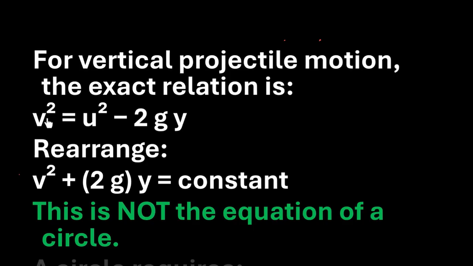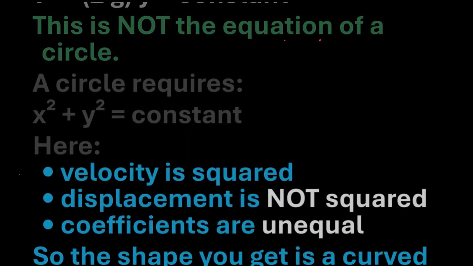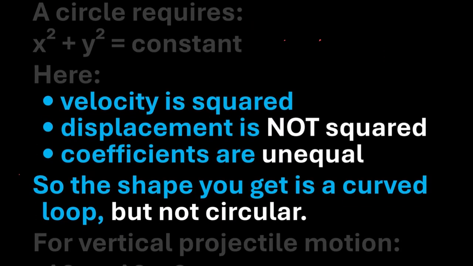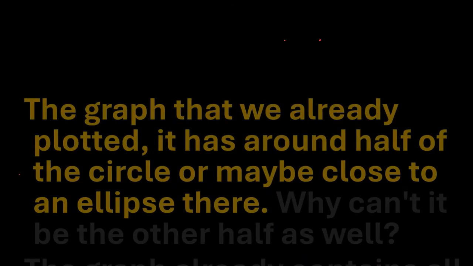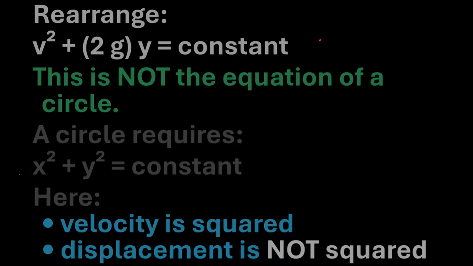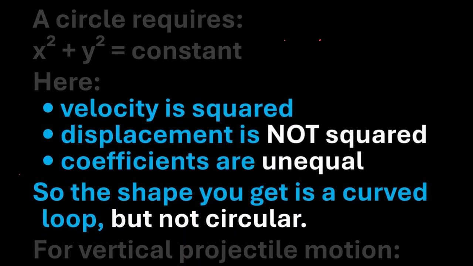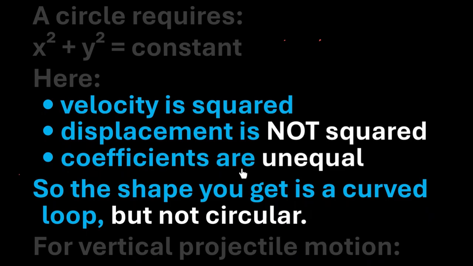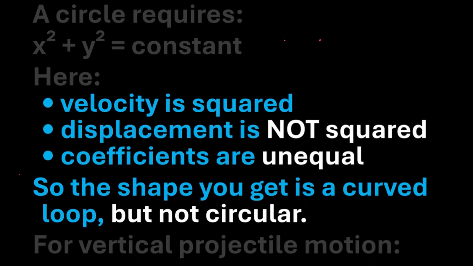And if you plot v square against y, this is not the equation of a circle, right? Why? Because velocity is squared, displacement is not squared. Coefficients are not equal. So the shape you get is a curved loop, but not a circular one.